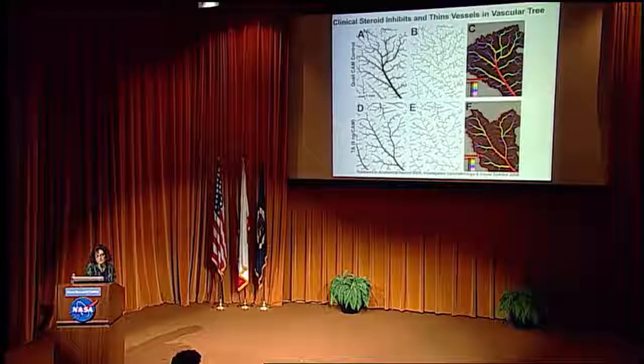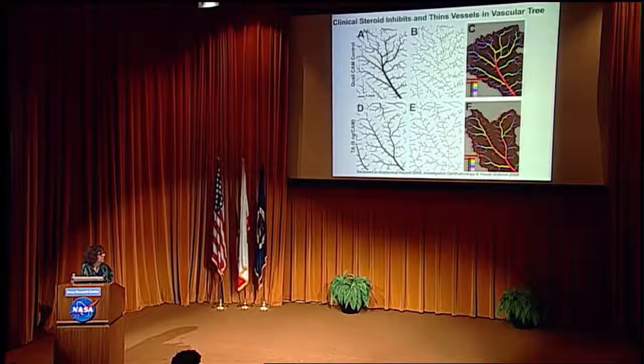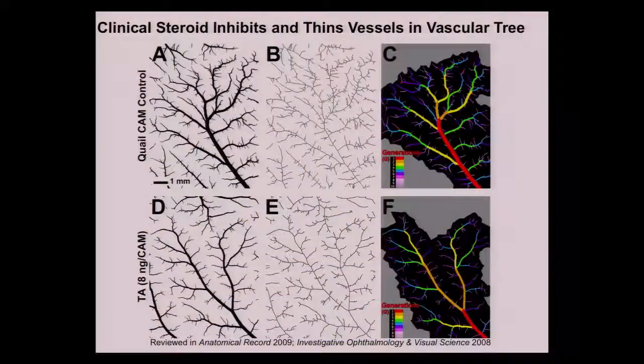So to summarize this more mature phase of our research, we tested, in collaboration with the Cole Eye Institute, the effect of a common clinical steroid used in clinics, not only for the retina, but for inflammation in other sites such as the knee. It's a very well-established anti-inflammatory and anti-angiogenesis drug, powerful in its inhibitory activities.